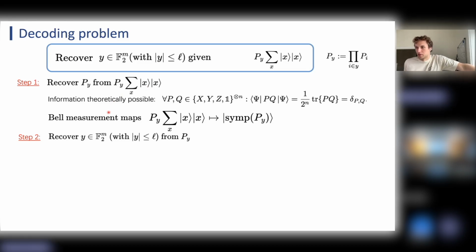Moreover, it's also efficiently possible. There's an efficient measurement which reveals what this Pauli is, the Bell measurement. If you measure the state in the Bell basis, then you get 2n measurement results, so you get a syndrome of length 2n bits. And it turns out, maybe not obviously, that these 2n measurement bits exactly equal the symplectic representation of the Pauli.